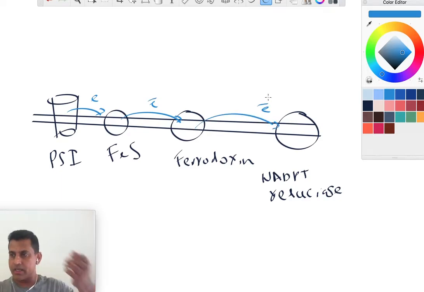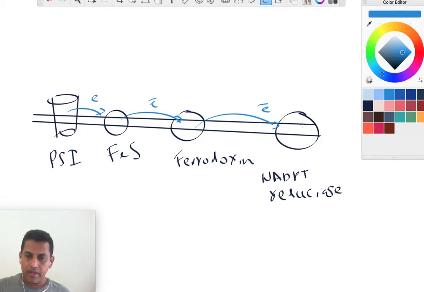NADP plus reductase. NADP is called nicotinamide adenine dinucleotide phosphate. And here the molecule NADP plus gets this electron plus a hydrogen ion and it forms NADPH.